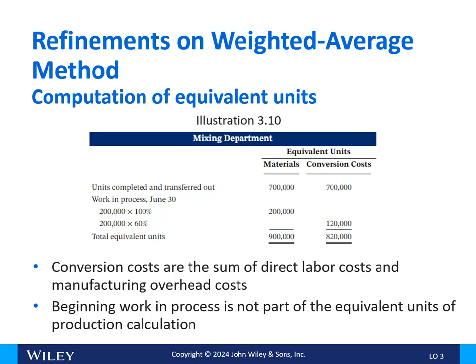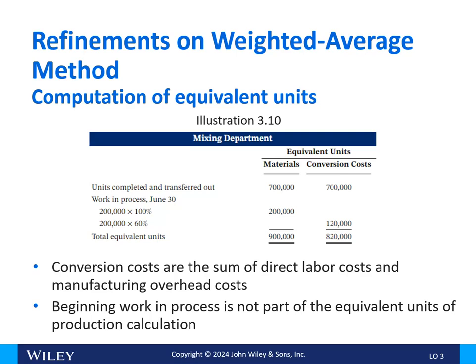So if we look at equivalent units, 700,000 were completed and transferred out. So both materials and conversion costs get the 700,000. Work in process. Again, we ignore our beginning work in process. That's not part of this equivalent units calculation.